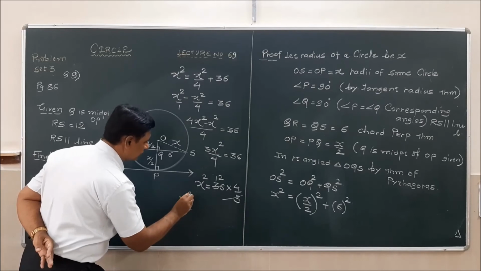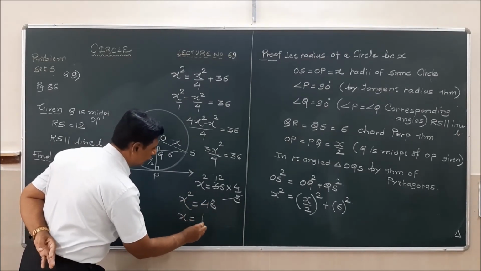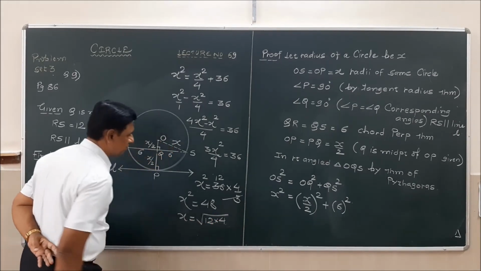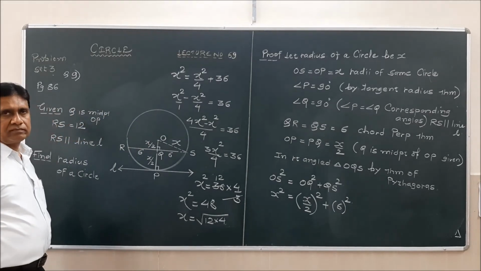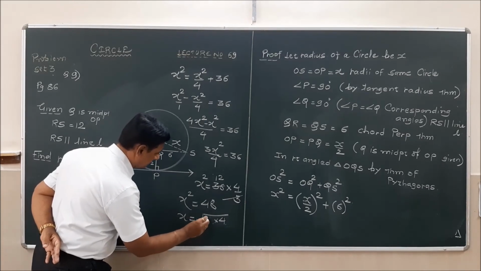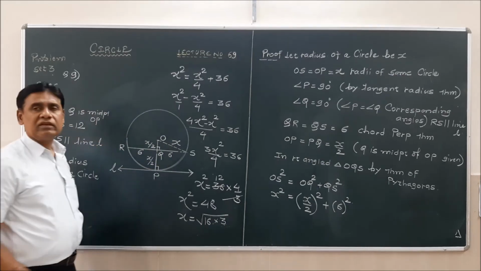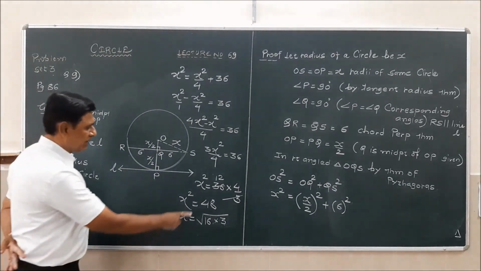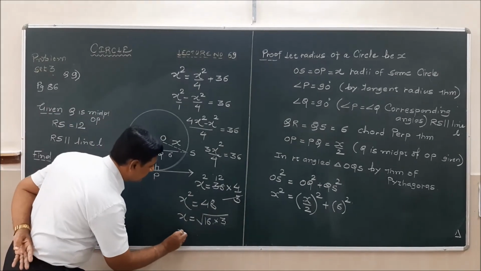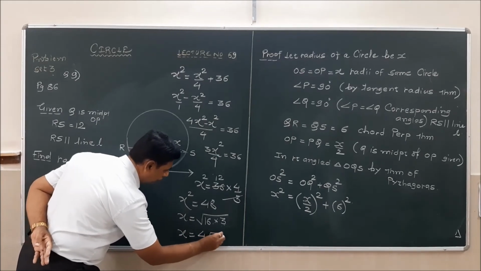X square is equal to 48. X is equal to root 48. 12 fours. Okay. Better, 16 threes, sorry. 16 threes are 48. I split this 48 into 16 threes and take the square root from both sides. So x is equal to root of 16 is 4, root 3.